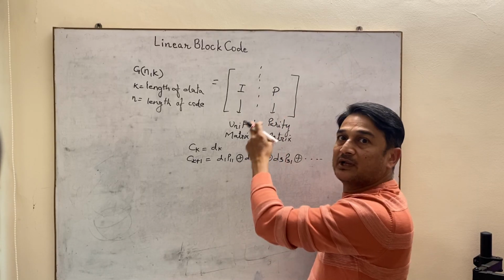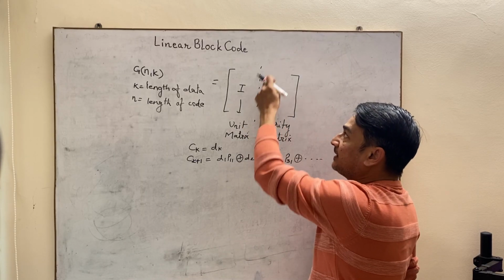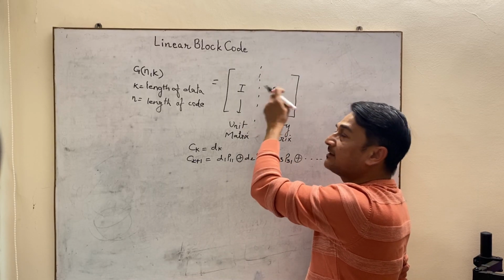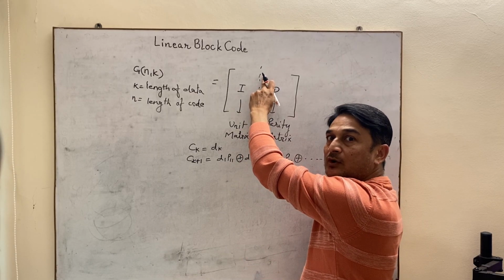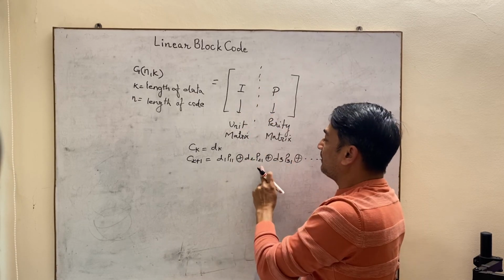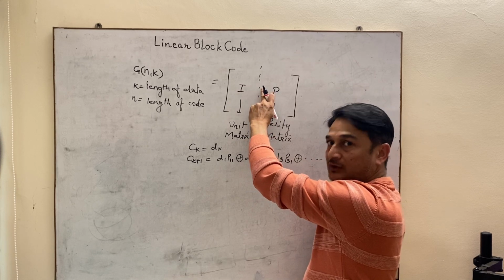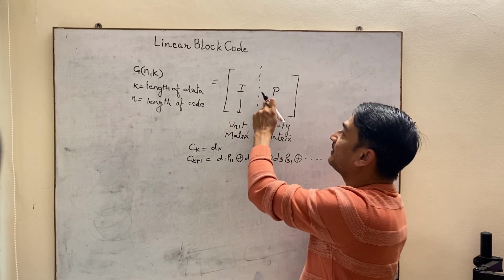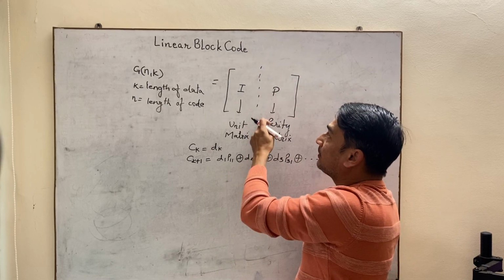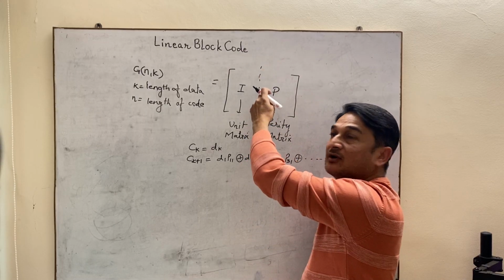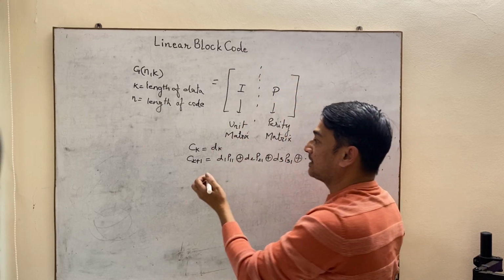For example, the parity matrix is a 3 by 3 matrix. Then p11 will be the first row and first column element, p21 will be the second row, first column element, p31 will be the third row and first column element. That means logically it is the first column of the parity matrix.